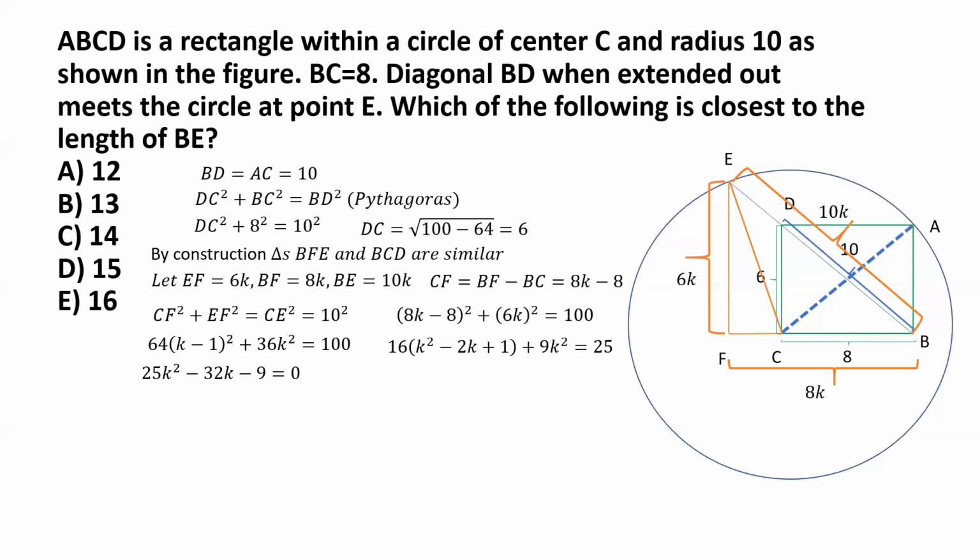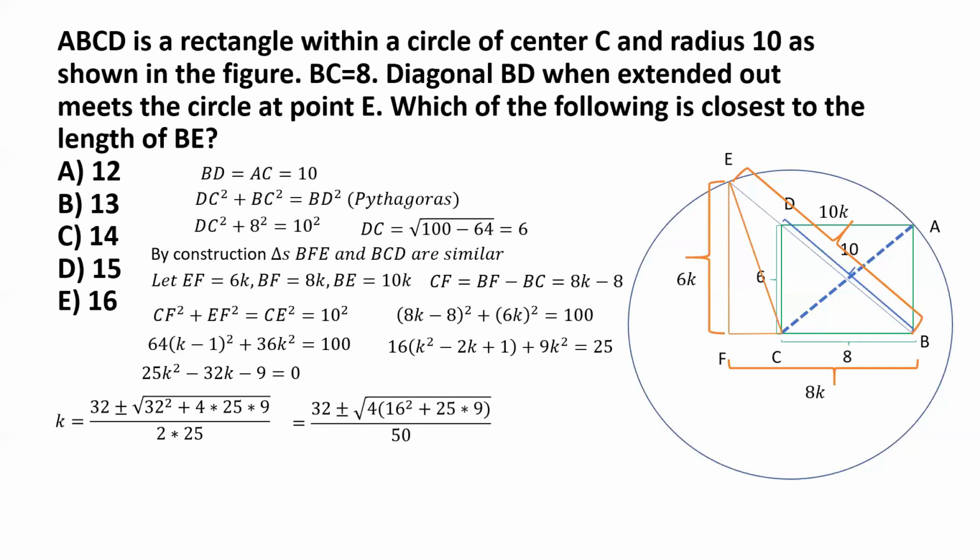And we can solve for the root of this quadratic equation by simply applying the formula. And if we do that, K comes to 32 plus minus the square root of 32 squared plus 4 multiplied by 25 multiplied by 9, and then in the denominator, we have 2 times 25. From here on, we will basically do some approximation, especially for the term within the square root.